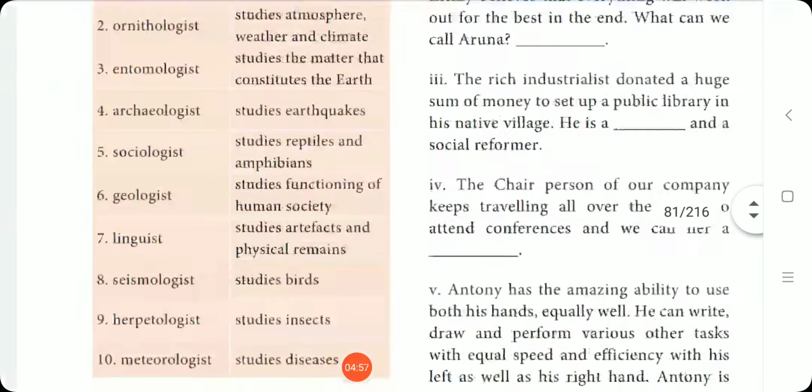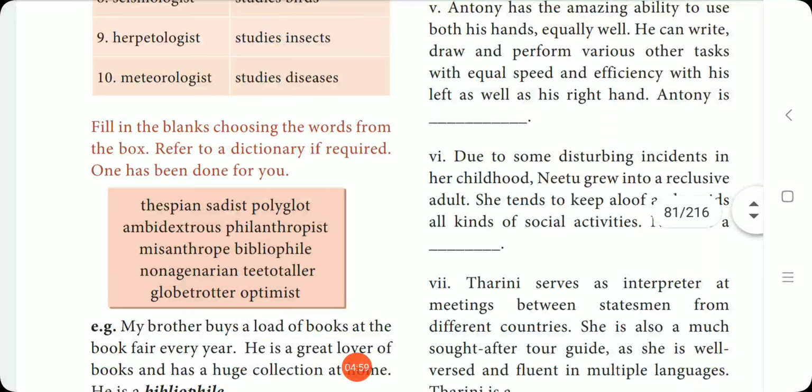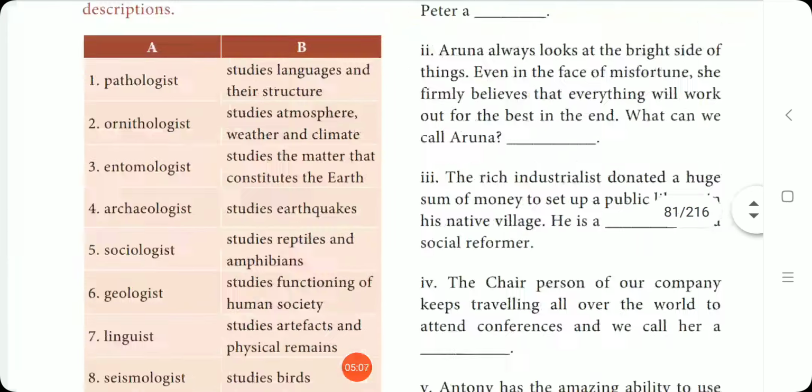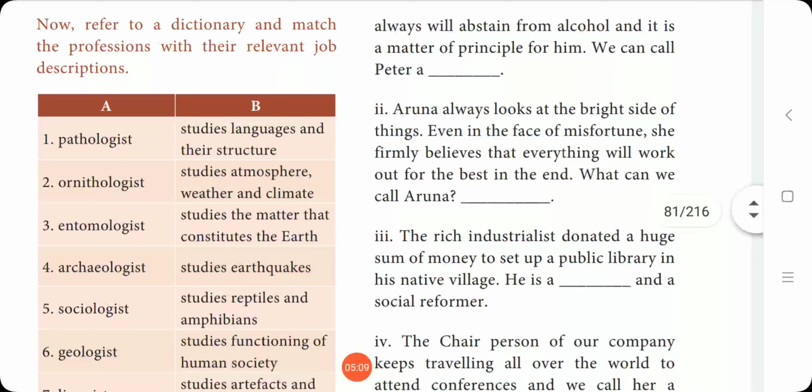So, we can call Peter a teetotaler. A person who avoids drinking, smoking, and all those is called a teetotaler. Look at the next one.